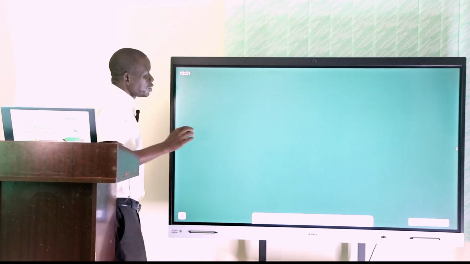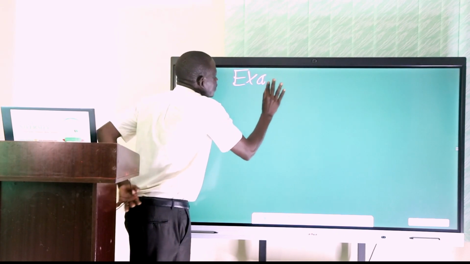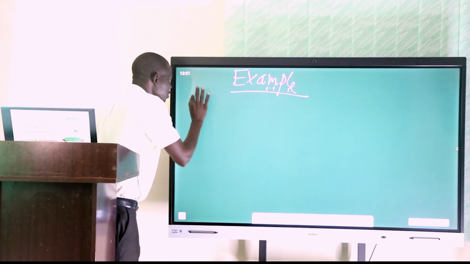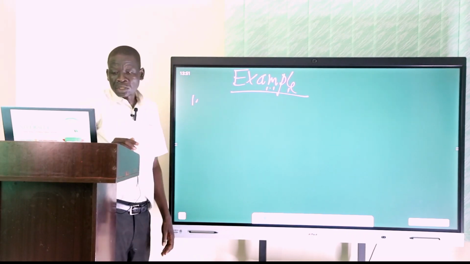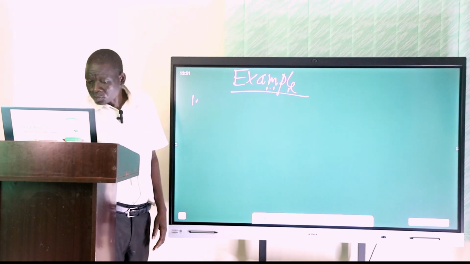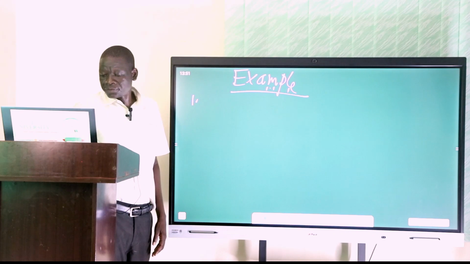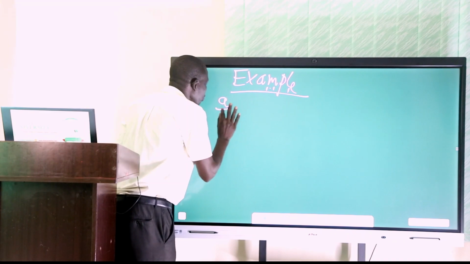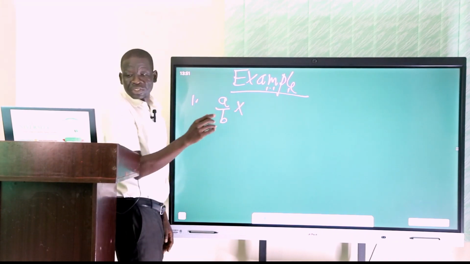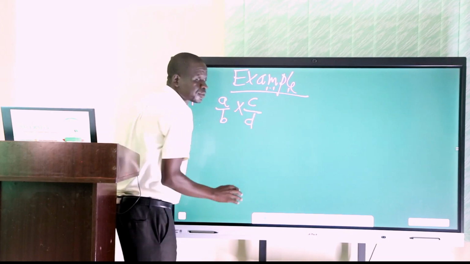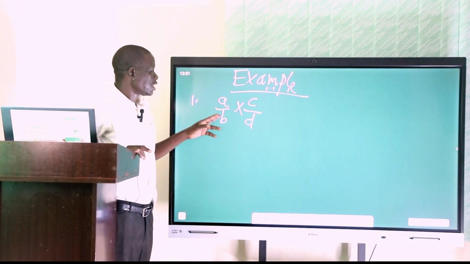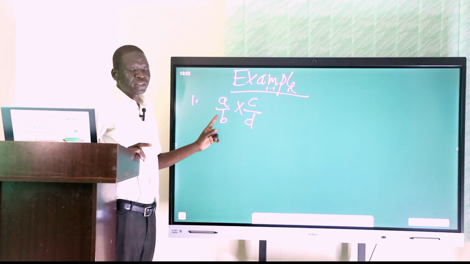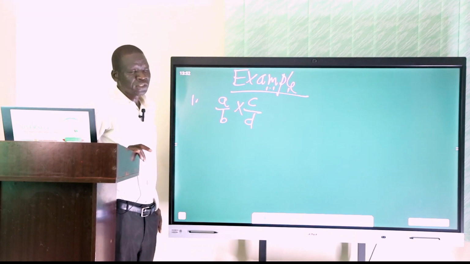We can have an example here on how we can multiply fractions. Example number 1. We can have an example like this: A over B times C over D. You can see that A is the numerator, C is also a numerator, B is a denominator, and D is also a denominator.